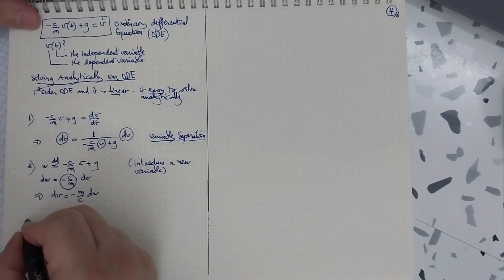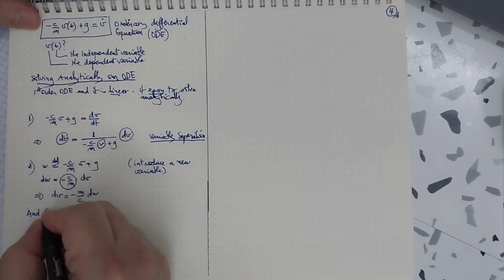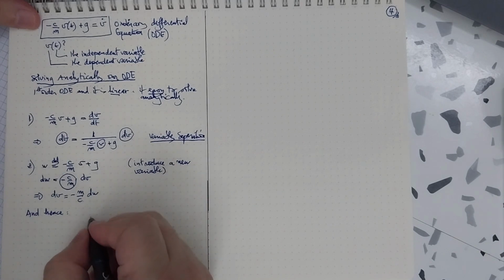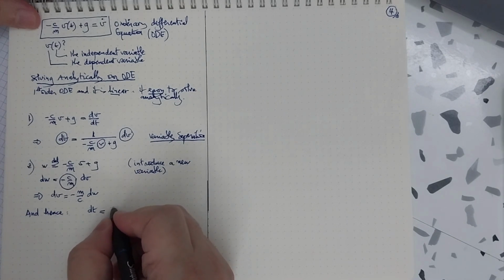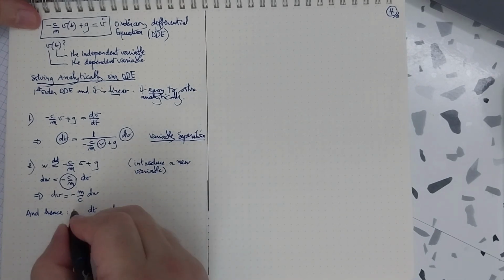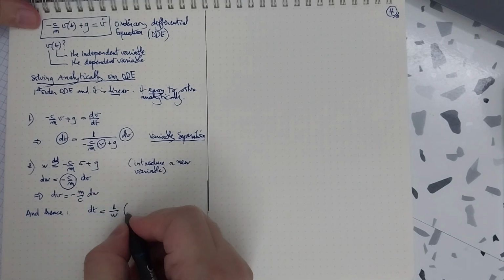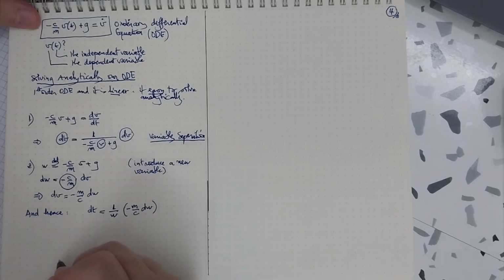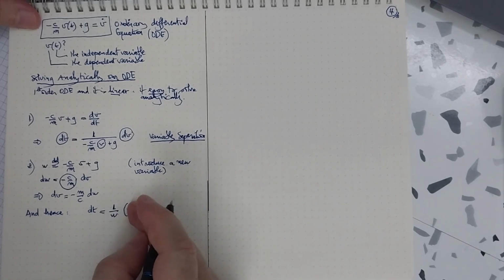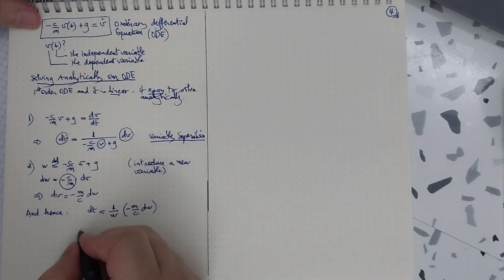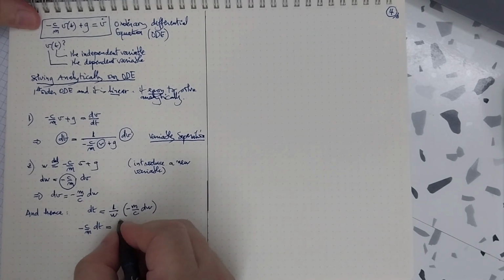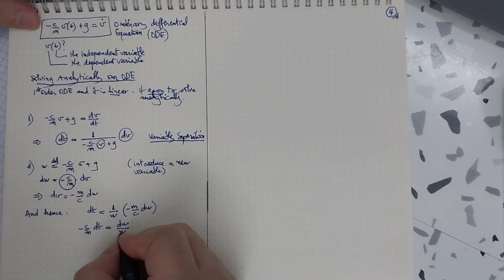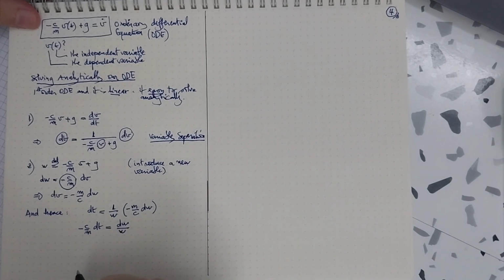And hence our equation becomes dt equal 1 over w, and we replace dv by minus m over C dw. We can take this coefficient to the other side, and it becomes minus C over m dt equals dw over w. Now we can easily integrate.